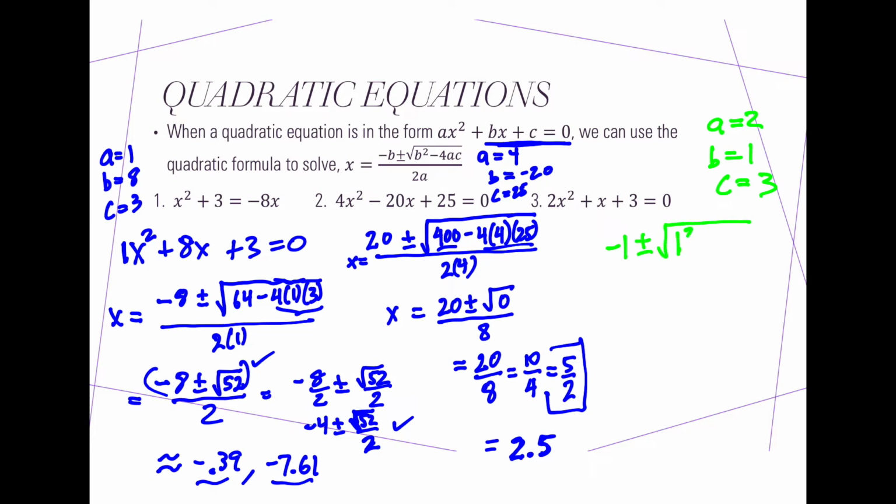So 1 squared minus 4 times a, which is 2, times c, which is 3. All divided by 2 times a, or 2 times 2. So again, we have 4 on the bottom. Working this out, 1 squared is 1, so this is 1 minus, and that gives me 8 times 3, so 1 minus 24.